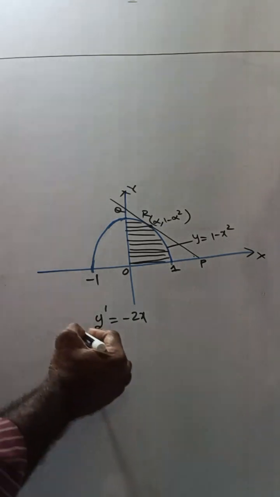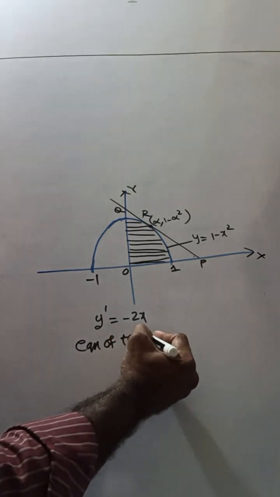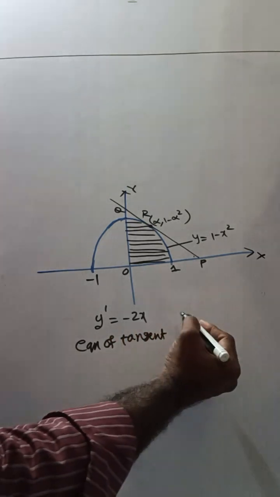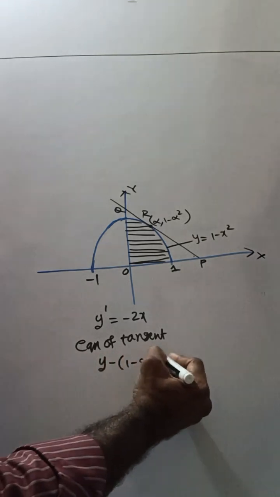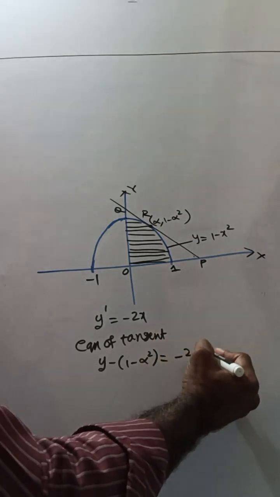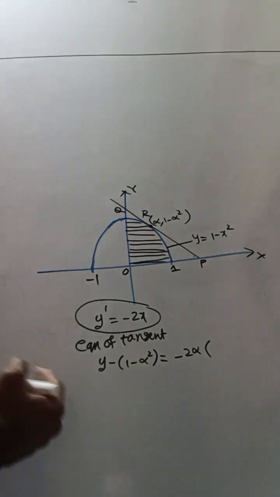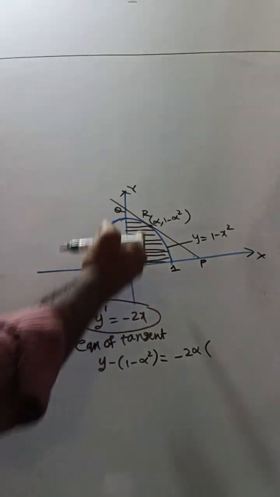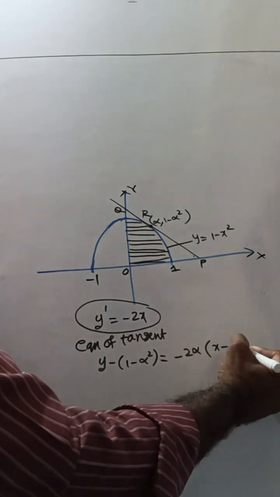Clear? Now what is the equation of the tangent? Y minus of 1 minus alpha square equal to minus 2 times alpha, because this is the slope of the tangent at the point, into x minus alpha.